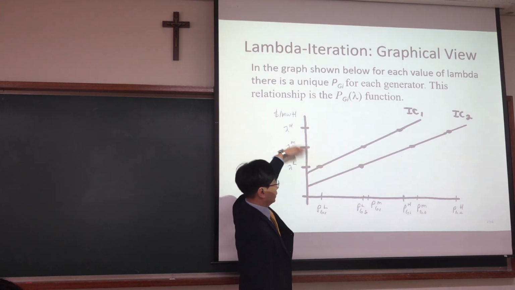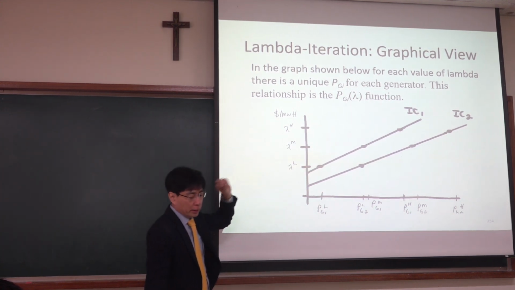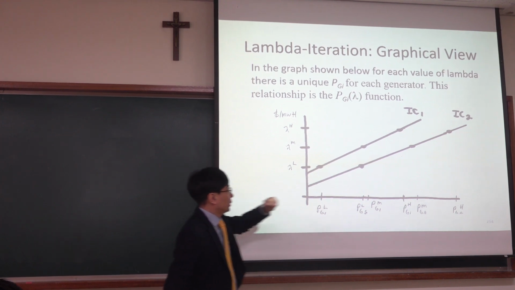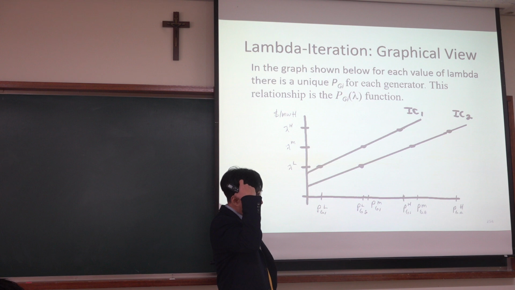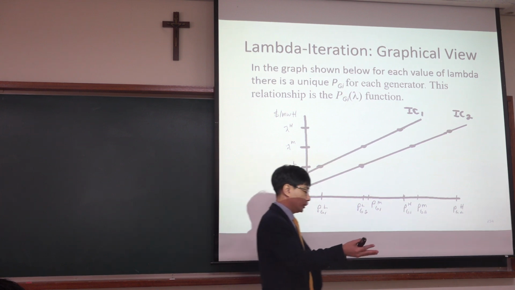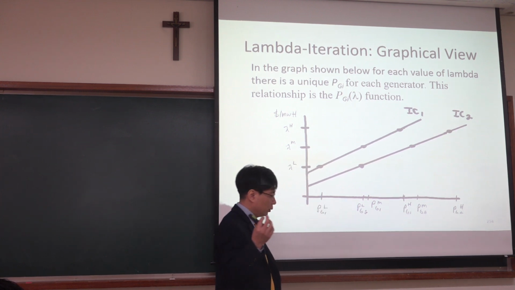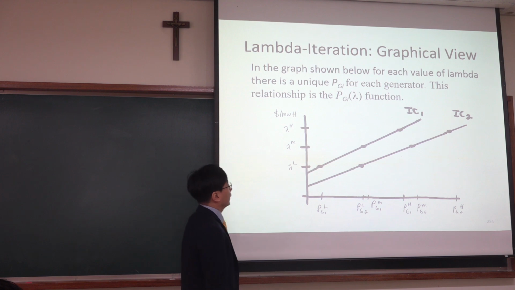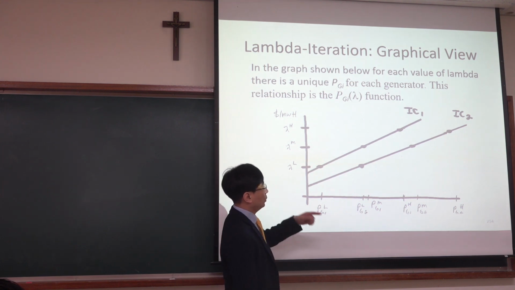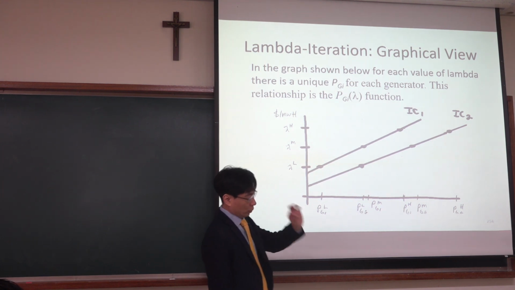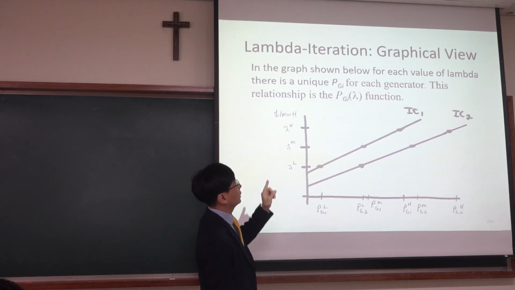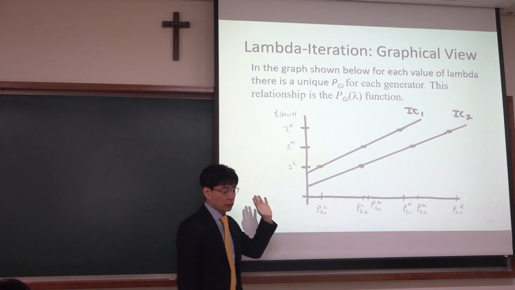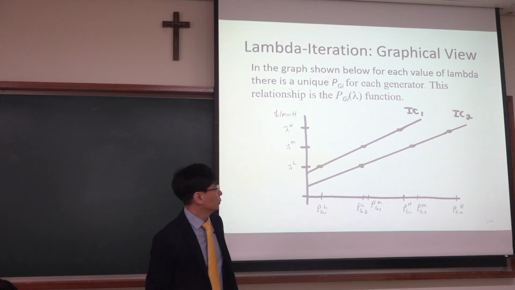By changing this price, the operator lets each generator vary their output, and the final goal is that the sum of the generation is the same as the demand. One way to find the solution that satisfies the constraint is lambda iteration, and this is actually just a root finding algorithm, as we discussed before.